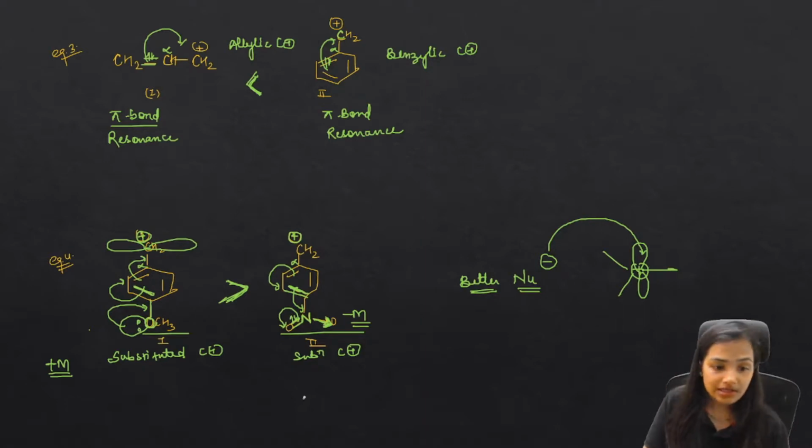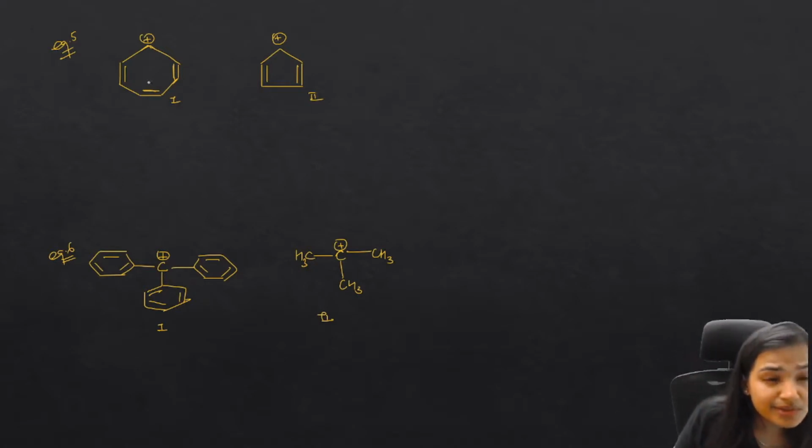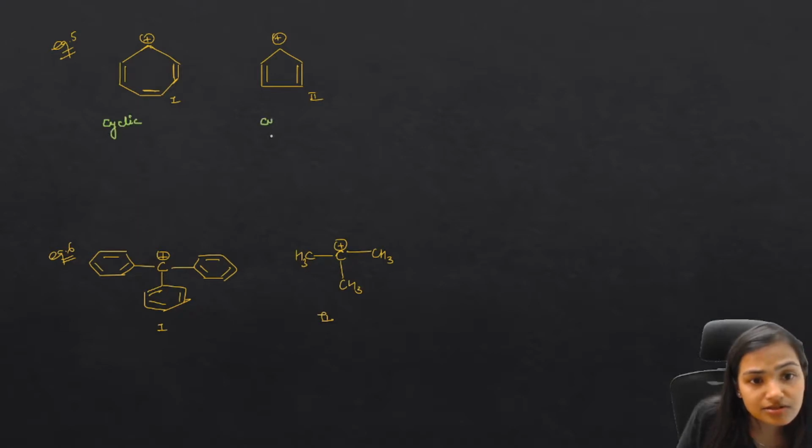Now let's go with example number 5. If you look at this example, what can you see in between the two? Both are closed cyclic rings, and the carbocations are a part of that ring. But here there is a delocalization, and there also we have a delocalization. I know you got the answer.